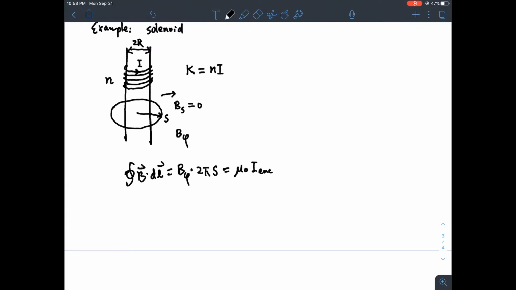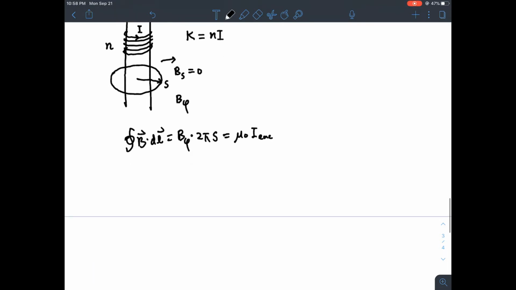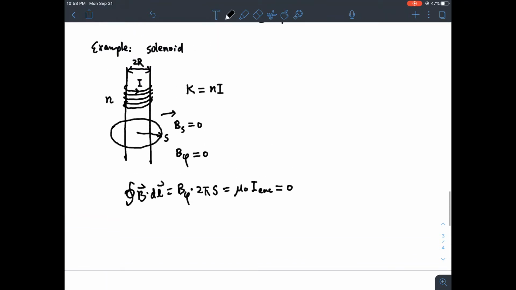Because the current is a circular one, the current enclosed inside this loop is actually 0, so you have to be careful about that. This loop encloses no current, so in other words we get B phi equals 0.